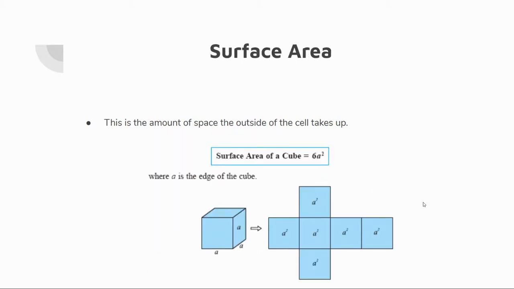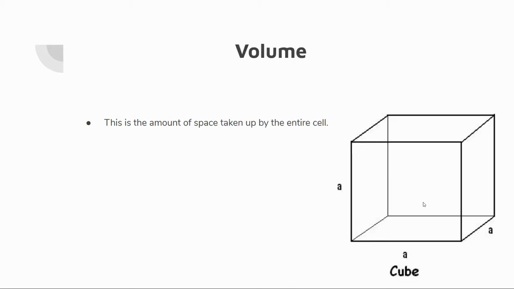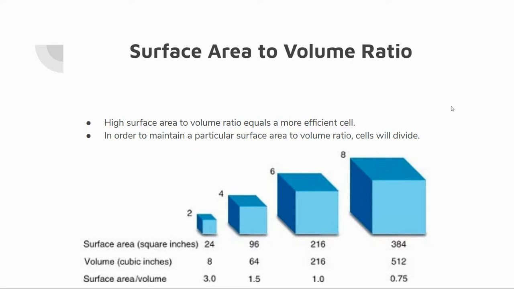So the definition of surface area: this is the amount of space the outside of the cell takes up. And volume is the amount of space taken up by the entire cell. So surface area to volume ratio: a high surface area to volume ratio equals a more efficient cell.